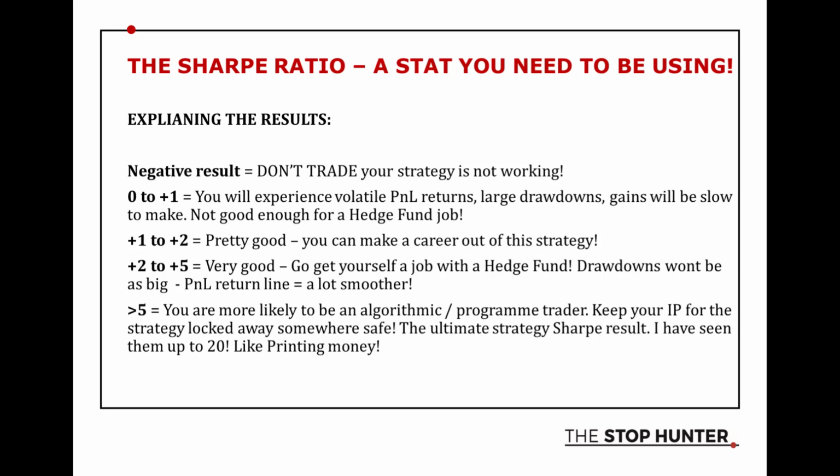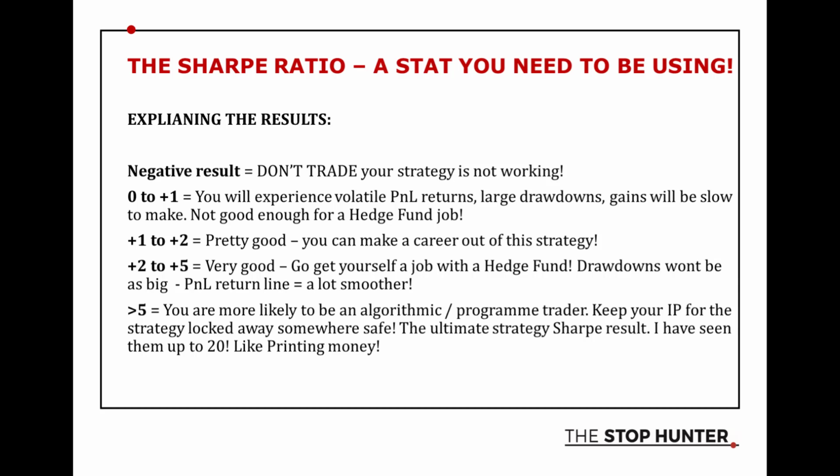So what are the important numbers to look out for? If you've got a negative Sharpe ratio, then your strategy just doesn't work. Just give up, don't bother trading. Between 0 and 1, you're going to experience a lot of volatility in your P&L returns, large drawdowns, gains are going to be slow, and if you wanted that hedge fund job, well, you're not going to get it. 1 to 2 starts to be pretty good, and you can make a career out of this strategy. 2 to 5 is very, very good, and you're going to get that job in that hedge fund.